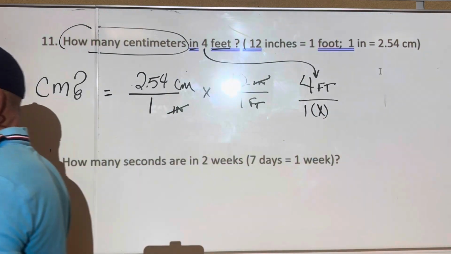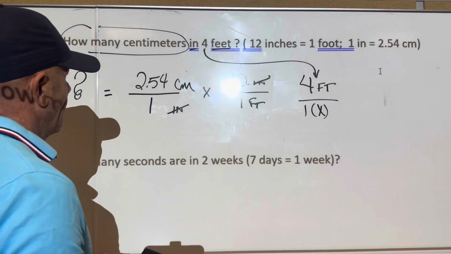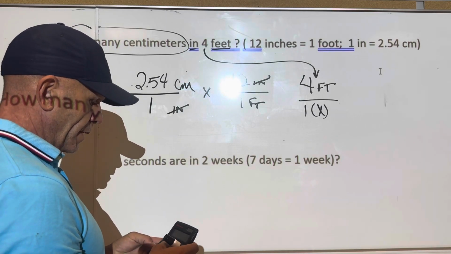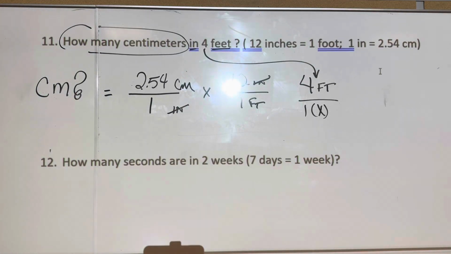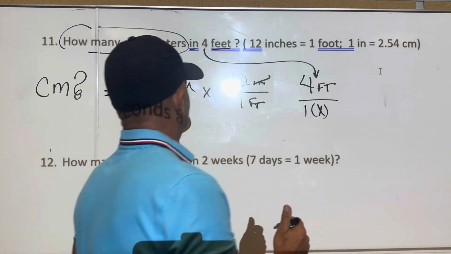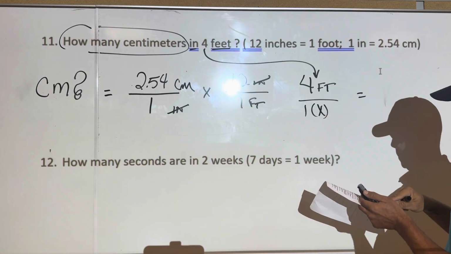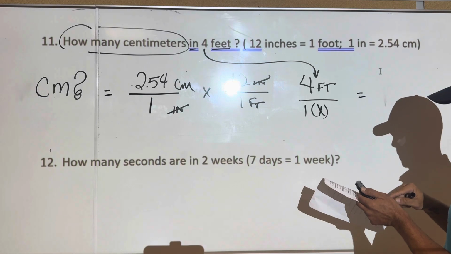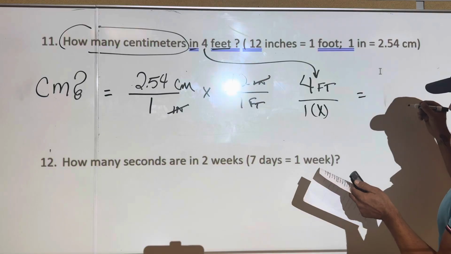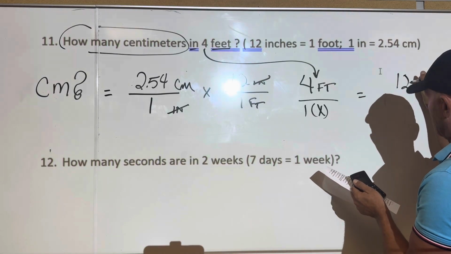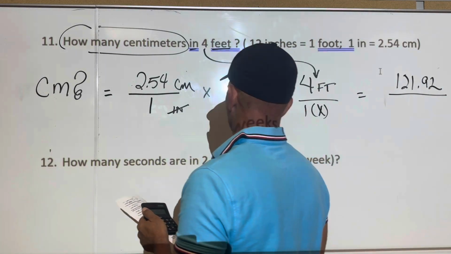So, what do we do? 2.54 times 12 times 4 equals 121.92.